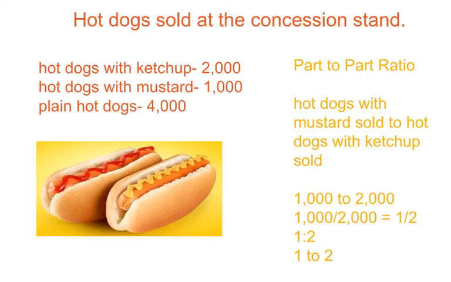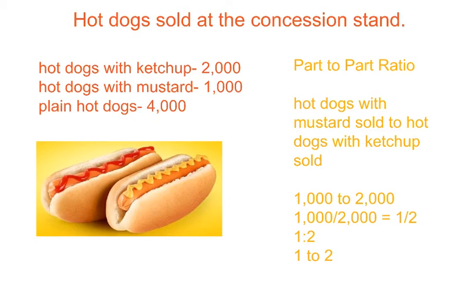Let's look at the hot dogs sold at the concession stand to solve a couple more ratio problems. We have hot dogs with ketchup, 2,000, hot dogs with mustard, 1,000, and plain hot dogs, 4,000. All right, let's do a part-to-part ratio. Hot dogs with mustard sold to hot dogs with ketchup sold.